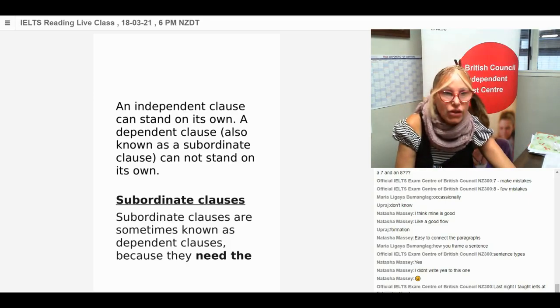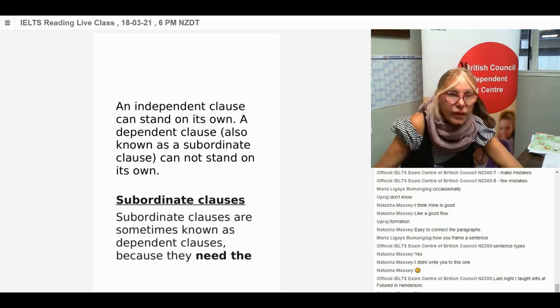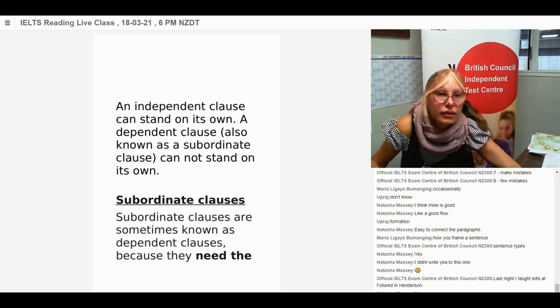Okay. Now I'm going to show you what an incomplete sentence looks like, or a dependent clause. So this is now, I've added something to my sentence. And you can see that it's not complete.